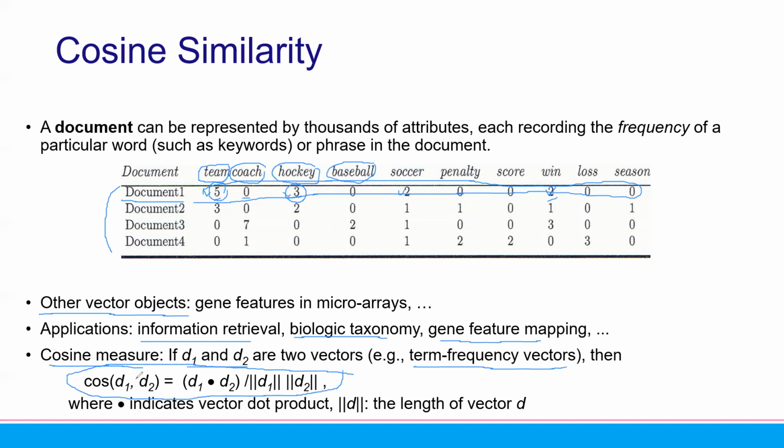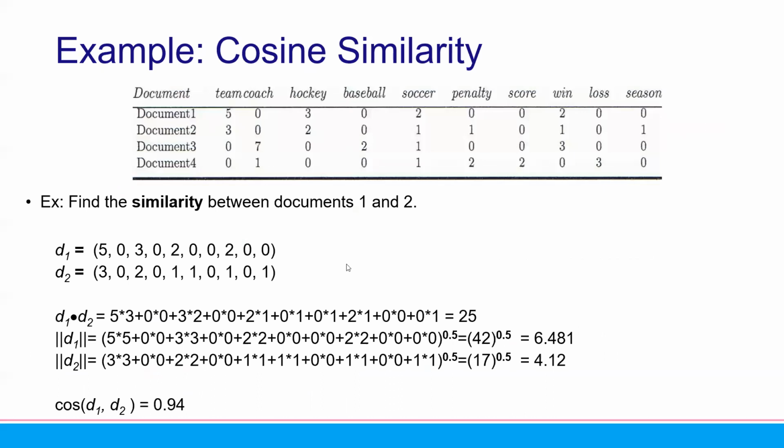We will take D1 and D2, and then we want to multiply them and divide by the length. Okay. So the dot means the vector dot product, and the double line, this one, indicates the length of the vector. So how can we do this one? We can make it as a vector.